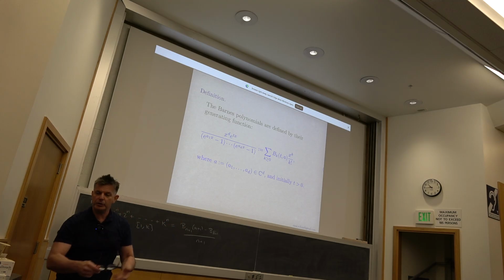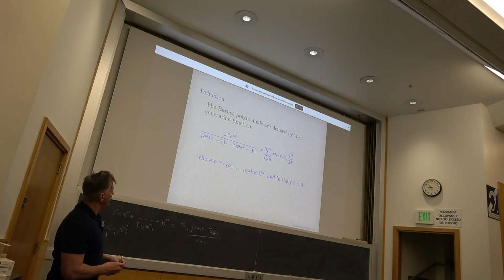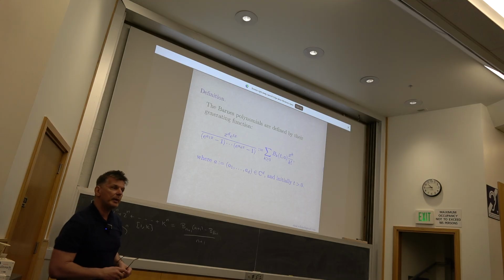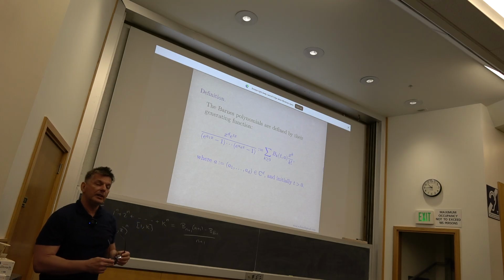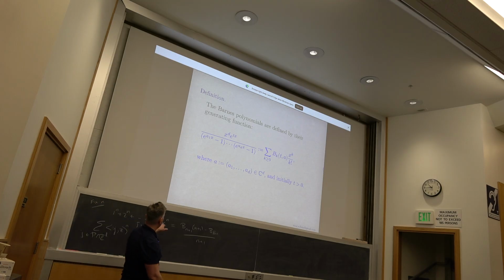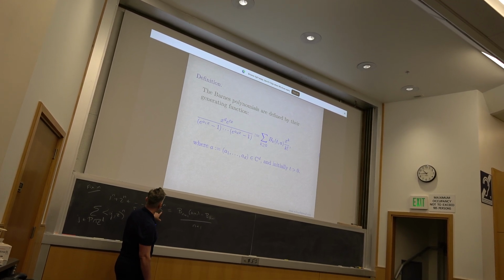And so they encode a lot of interesting number theory and so on. So these are the Barnes polynomials. We'll denote the kth Barnes polynomial by b sub k of T, and they're polynomials in T. Just like this is a polynomial in k.